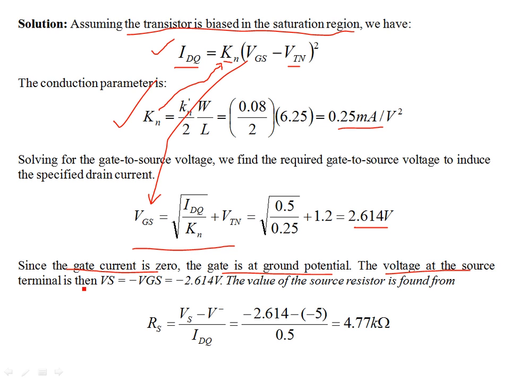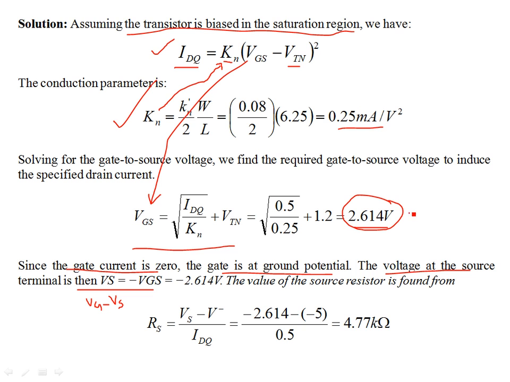The voltage at the source terminal is VS, which is VG minus VGS. So G is at zero, then you're left with minus VGS, and we have already found this. VGS is 2.614 volts.